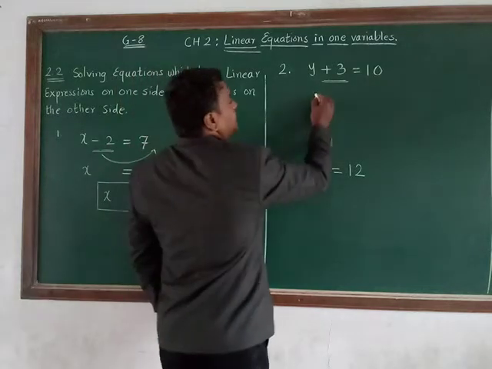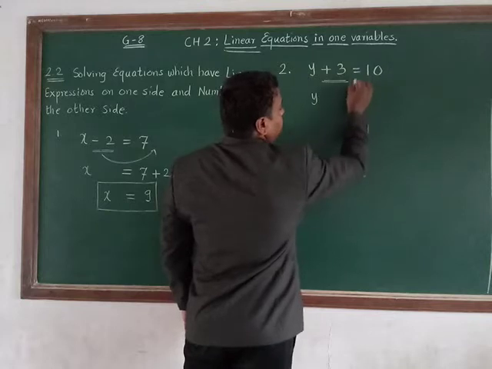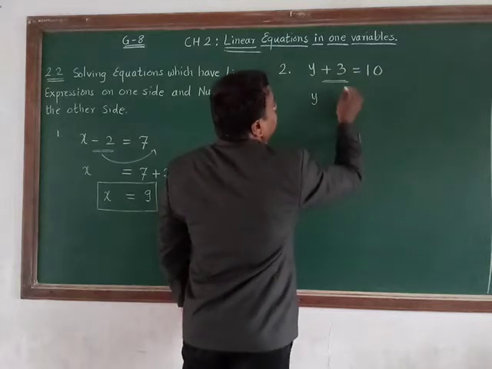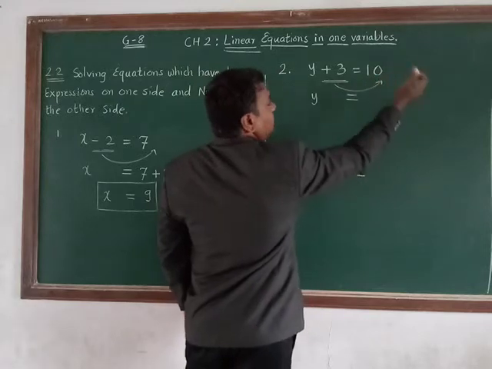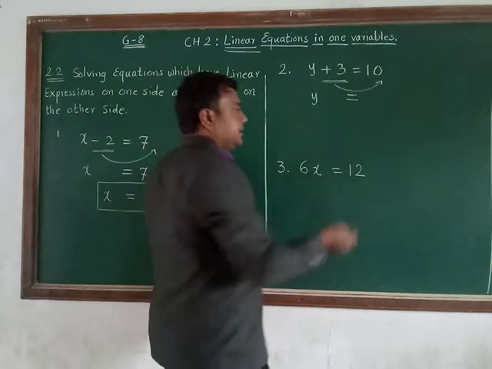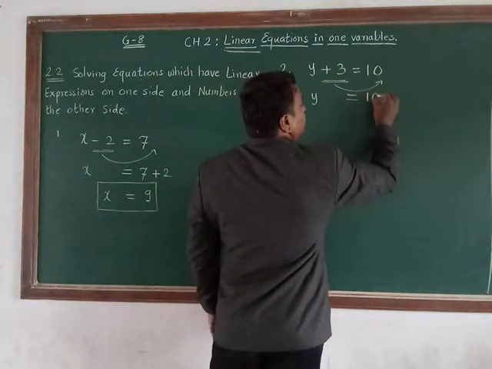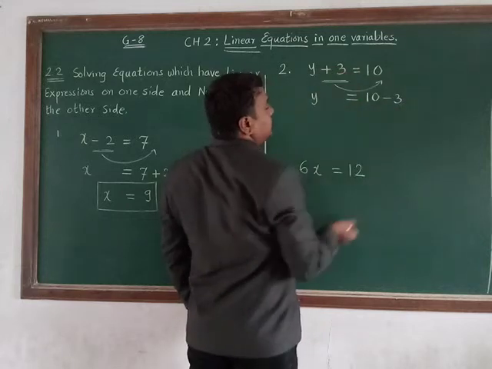Let us do that. We keep the variable single below the equal sign. Then plus 3 is transposed to the right hand side and will become negative, so 10 minus 3.